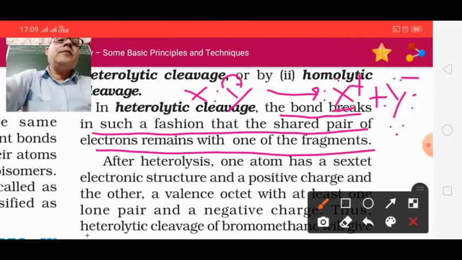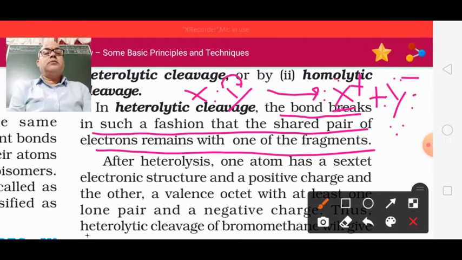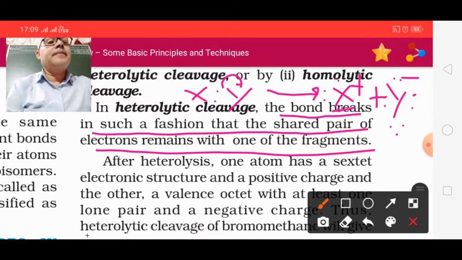The atom which has 6 electrons carries the positive charge, and the atom which has 8 electrons carries the negative charge. It means in heterolytic cleavage, one atom will have a complete octet but the other has an incomplete octet. So one can act as a Lewis base and the other as a Lewis acid.